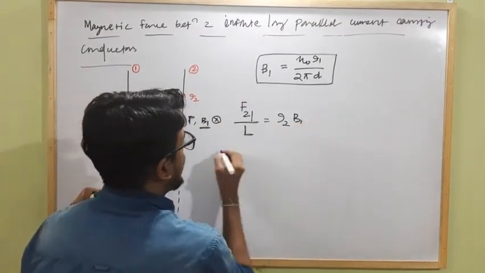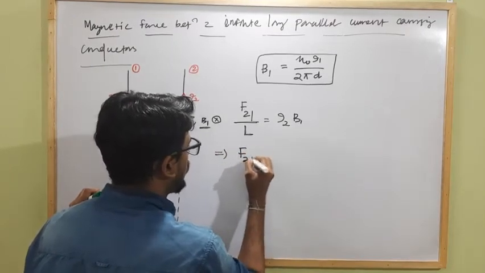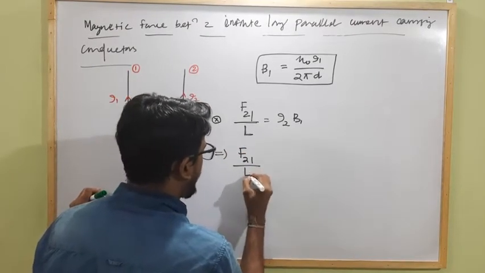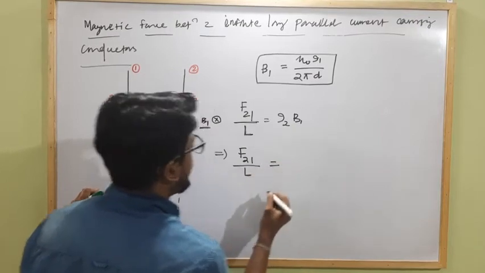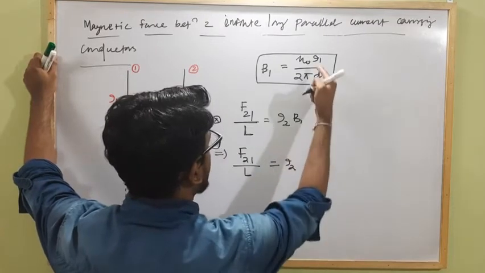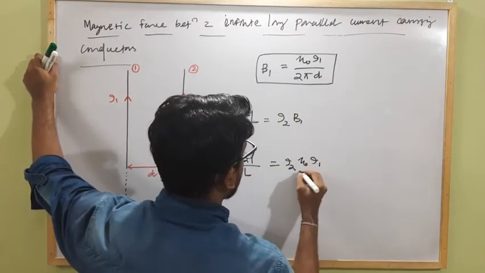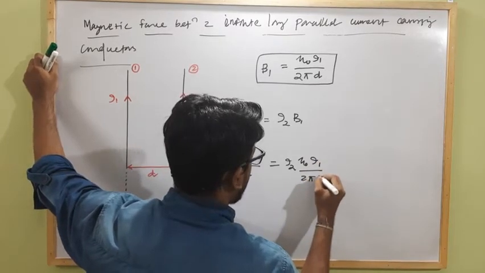I2 into B1. So this implies we can write the force acting on 2 due to 1 per unit length of the current carrying conductor will be, what is the value of I2? It is I2. What is the value of B1? It is mu naught I1 divided by 2 pi d.